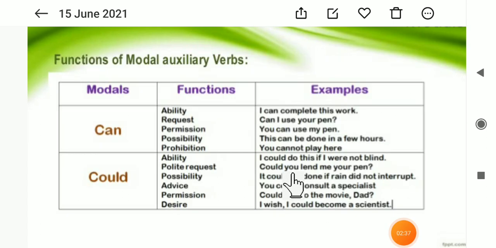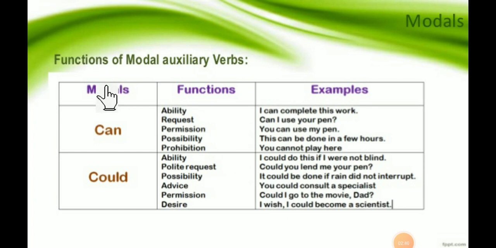Here you can see this chart: in the first column the modal, in the second column the function, how it functions, and in the third column the example. Example means a particular sentence, so you can get to know how to use that modal in a sentence.